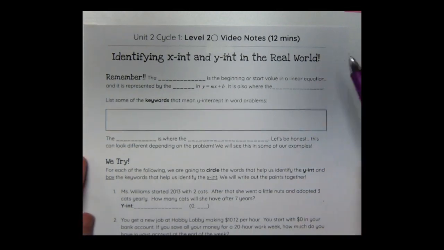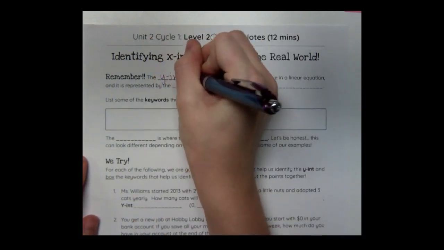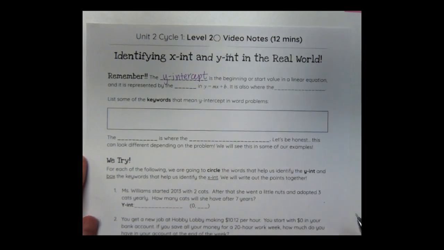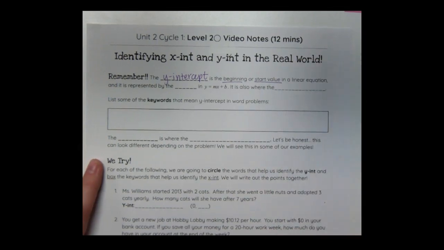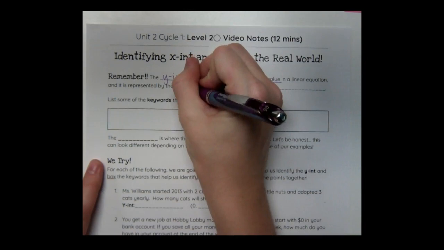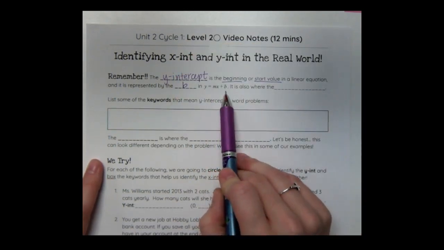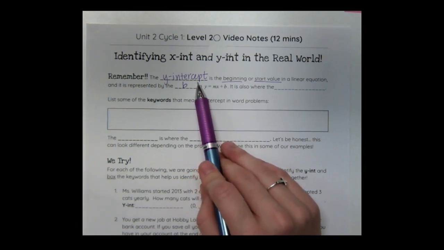Okay, so remember, the y-intercept is the beginning or start value in a linear equation, and it's represented by the b in y equals mx plus b. So the y-intercept is where we start our line. That's where we start graphing.